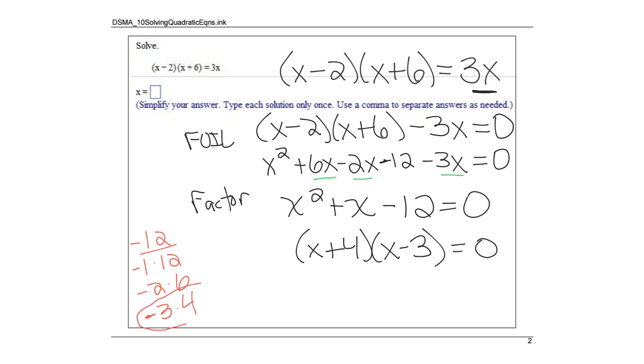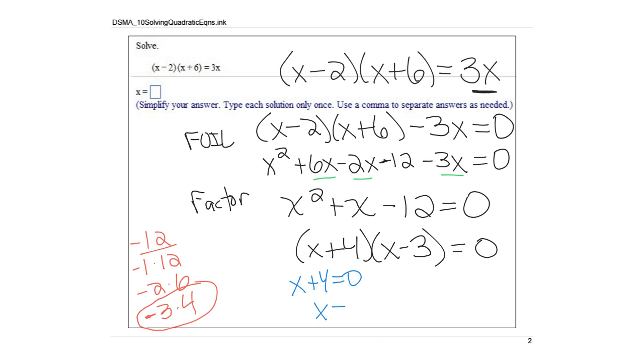And so the -3 and the positive 4 would work for me because -3 times 4 gives me -12, and -3 plus 4 gives me the 1, or the 1x in the middle. Okay, so now I'm good to go. Now my function is factored, and I can just set each of these equal to 0.